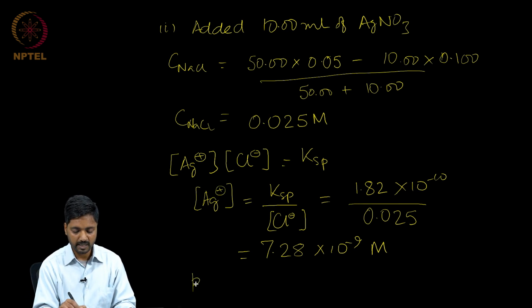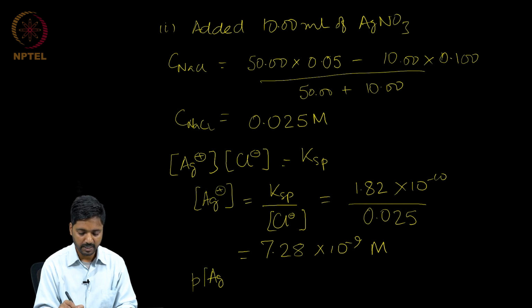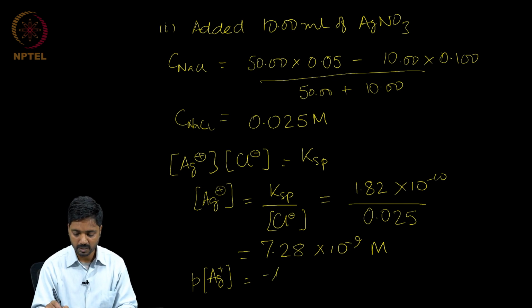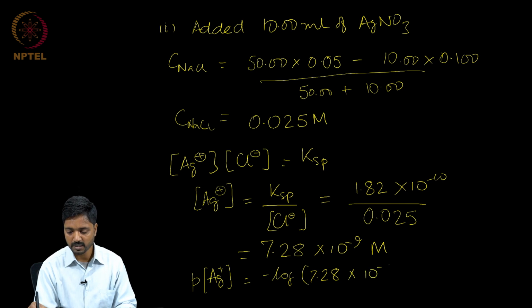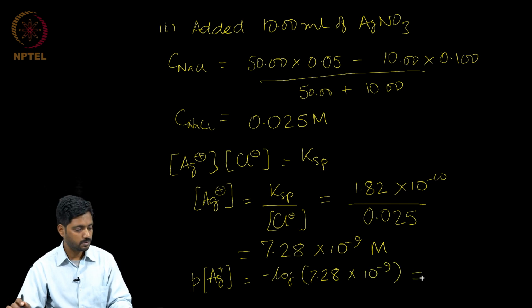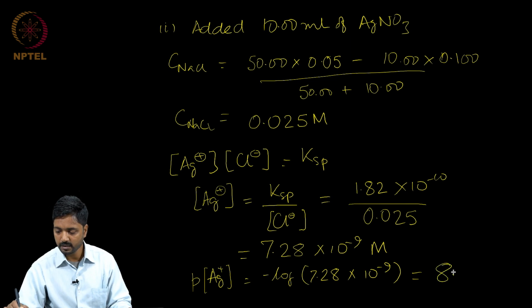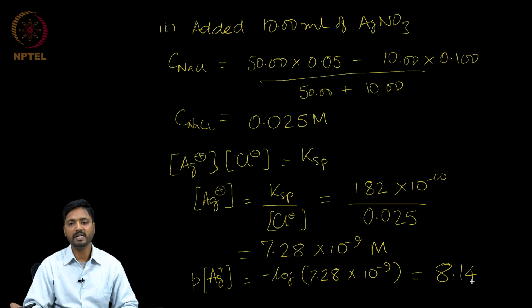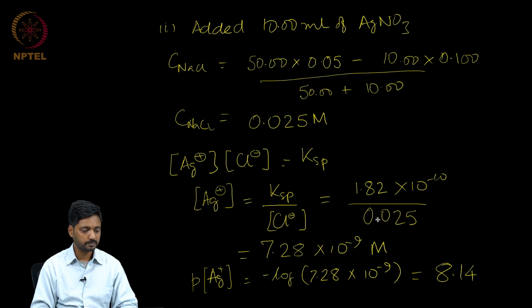Now, this can be represented in terms of the pAg value, which is nothing but the negative log of 7.28 into 10 power of minus 9, solving to 8.14. So, initially when we have added 10 ml of silver nitrate, we have a pAg value of 8.14.